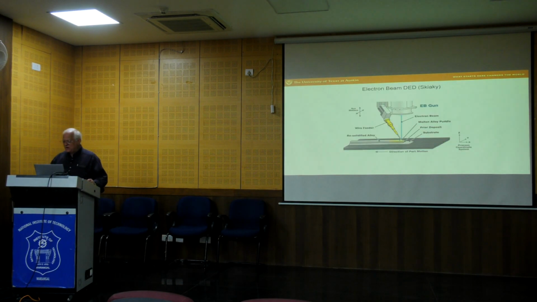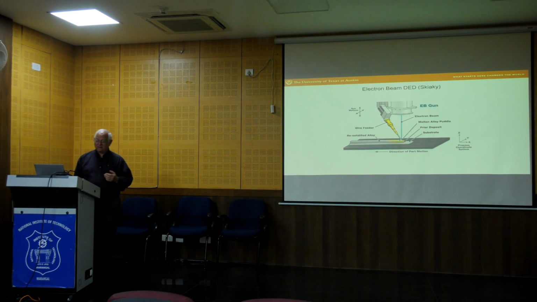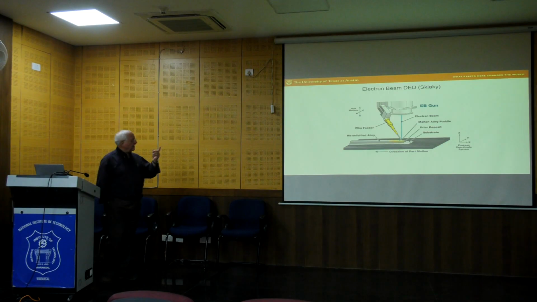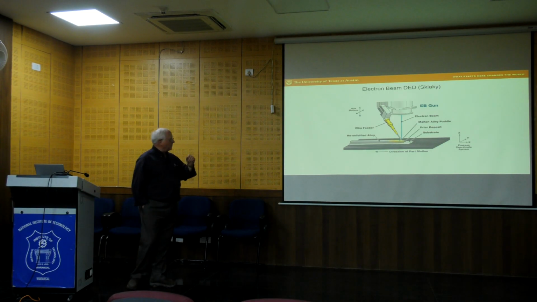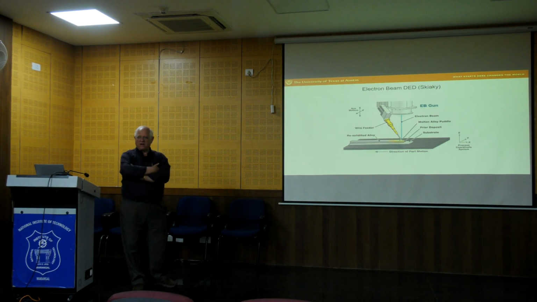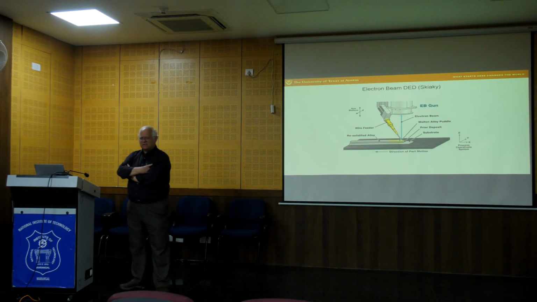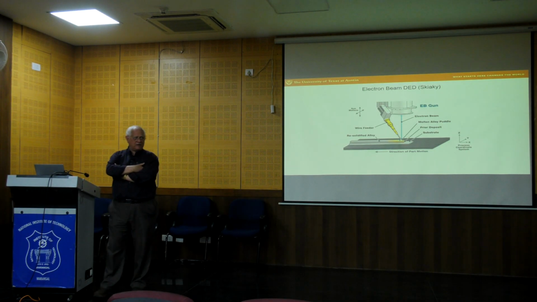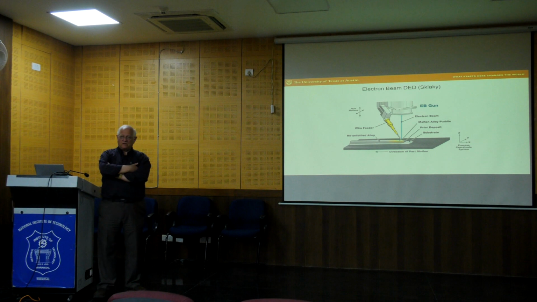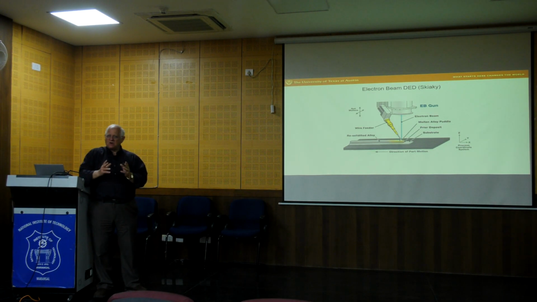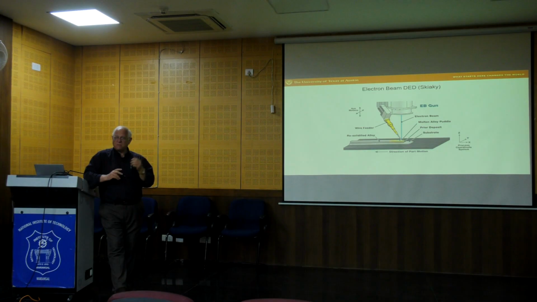So let me show you a couple of these technologies, or what they look like, at least schematically. This shows an electron beam version with a wire feed. This part came from Sciaky, which I think is a company that builds these parts. I think we'll see in a future lecture, I have maybe a video, but certainly some photographs of parts made this way.